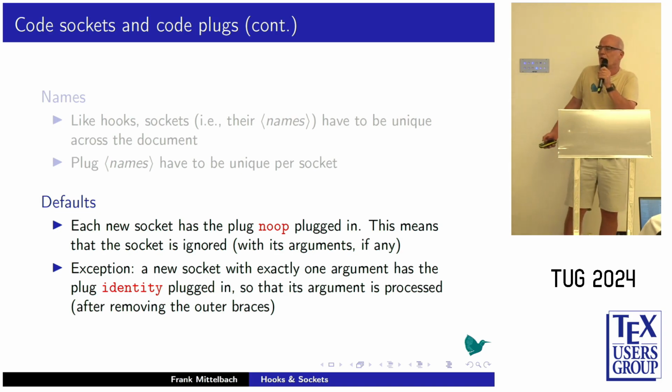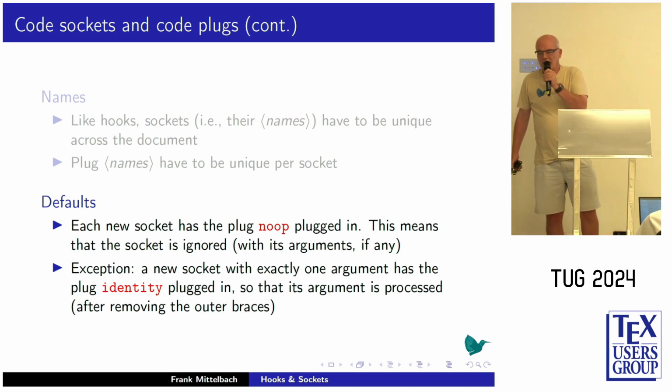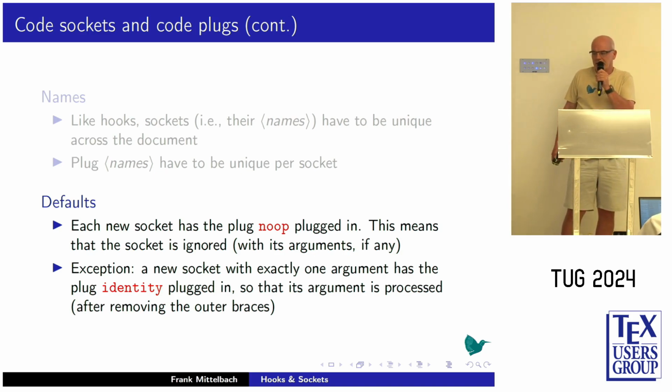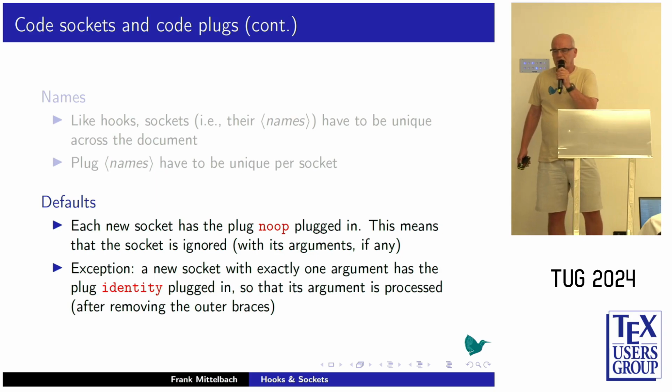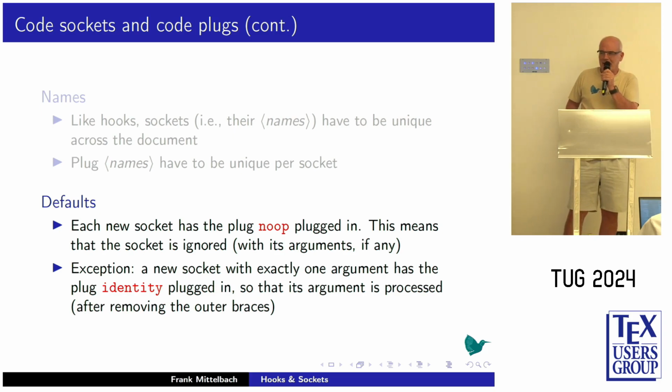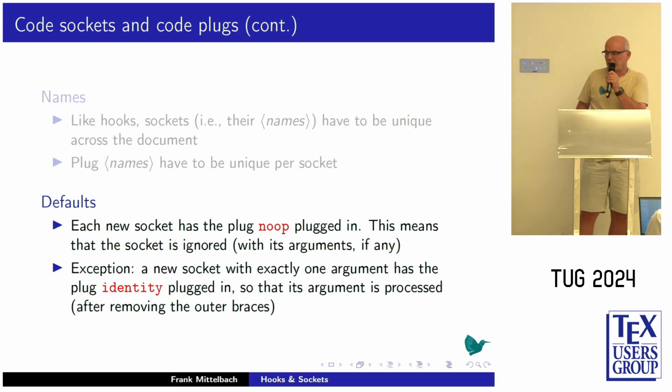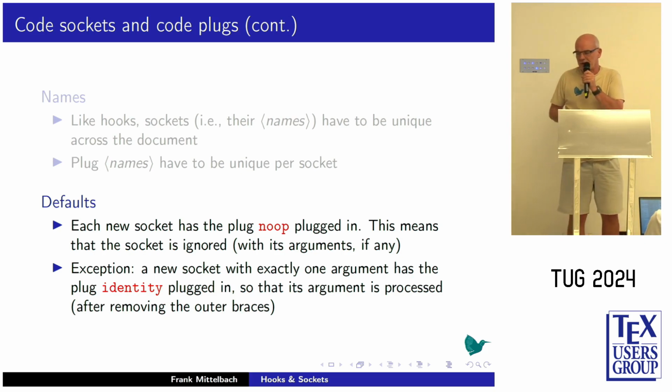So it is not doing anything. If a socket has an argument, then there's an exception. The plug for the socket is called identity, and it is just executing the argument without braces, because that's the most common need for something like this, if a socket is used for configuration, that the argument is actually being processed.